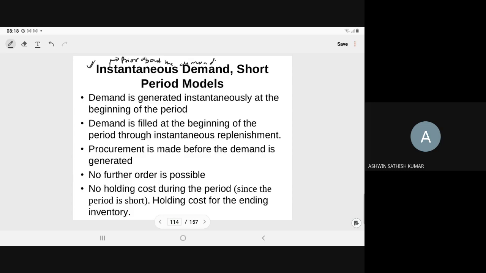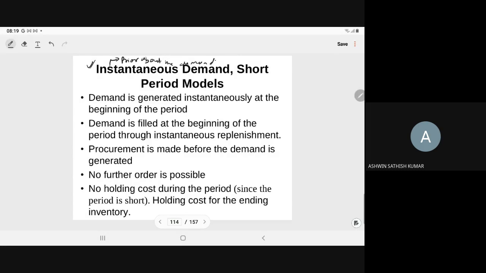in advance only. So here procurement is made before the demand is generated, means you have to procure your item prior to the actual demand being generated. You are judging the expected demand during the period, but demand is generated during the period only.